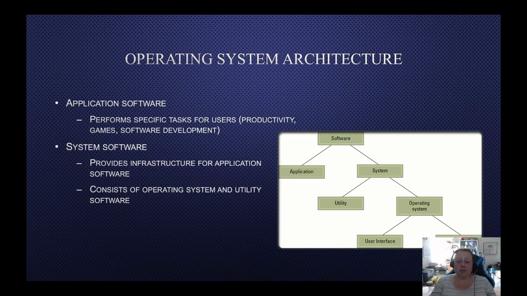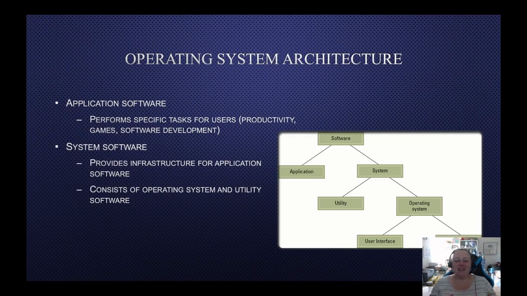The system software, on the other hand, is going to perform all of the tasks for the actual operation of the computer itself, such as displaying to a screen or taking input from a keyboard.